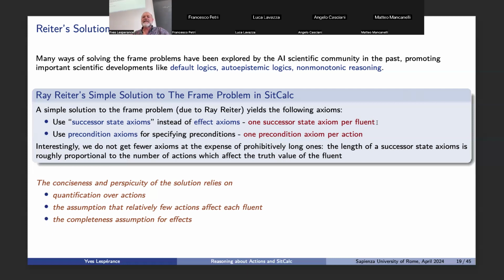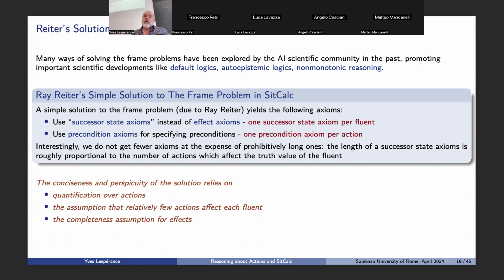In what sense does it solve the frame problem? Well, for specifying both the effect and the non-effect of an action, it uses one axiom per fluent. These are called successor state axioms. And then for specifying preconditions, it uses one precondition axiom per action.